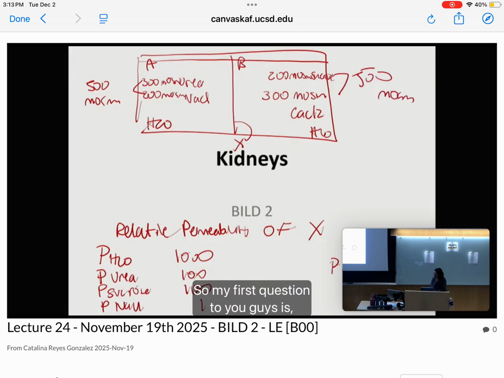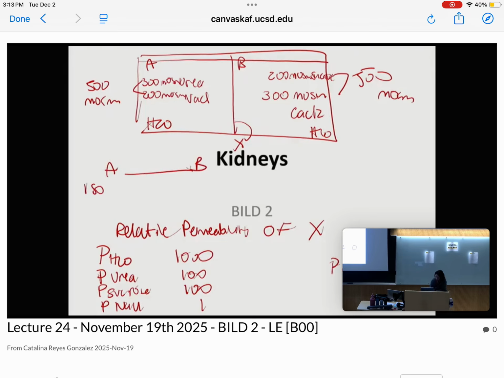So my first question to you guys is: is tank A, or compartment A, isosmotic, hyposmotic, or hyperosmotic to B before any water crosses?